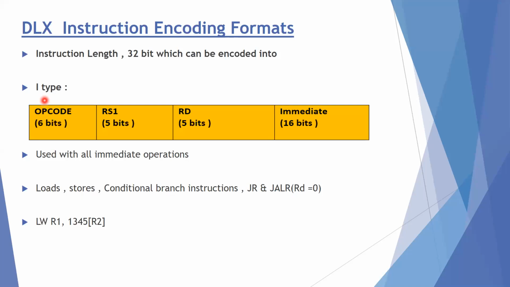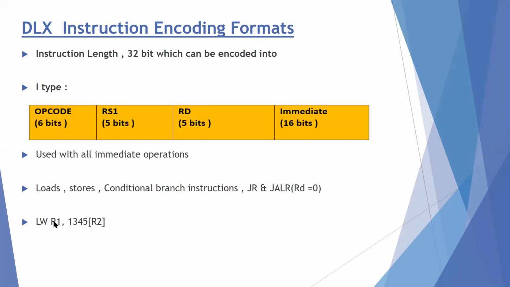Okay. So the I-type instruction encoding format, I have taken up an example. It's a 32-bit format in which we have 6 bits always identified for the opcode, right? We have 5 bits for register source 1, 5 bits for the destination register, and 16 bits for the immediate field which is there in the instruction.